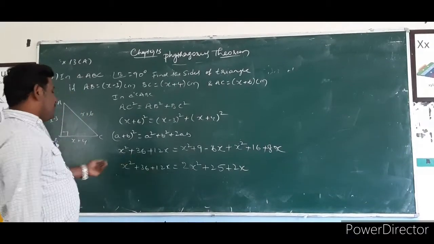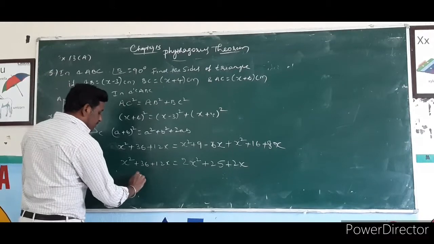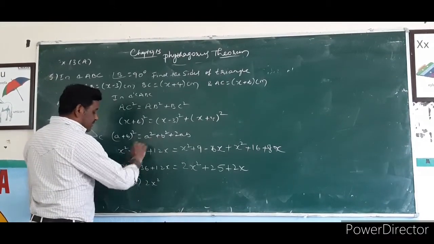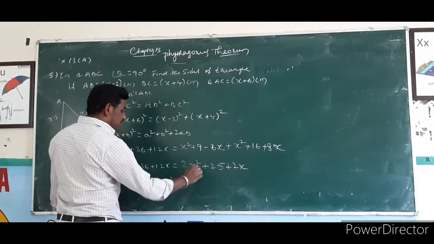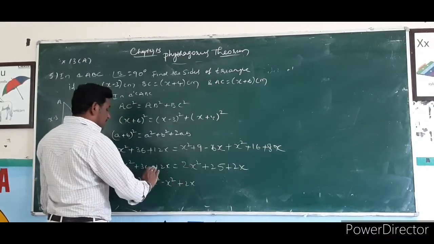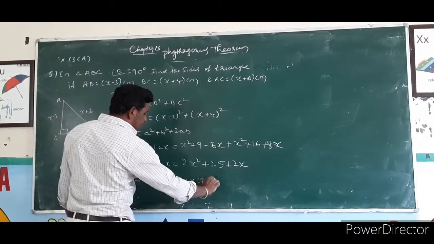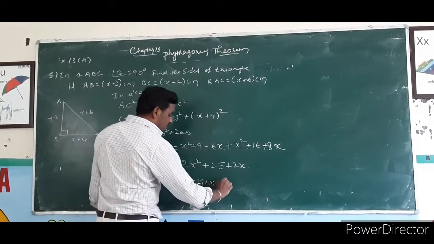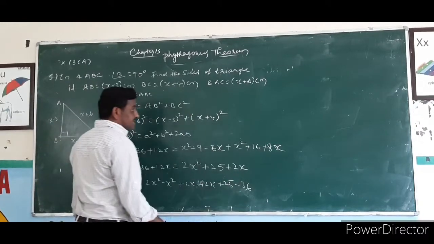So you can shift all the terms to that side. What happened? 2x square plus x square goes to that side, minus x square, plus 2x is there. Plus 12x goes to that side, minus 12x, plus 25 is there. You can shift plus 36 to that side, minus 36.